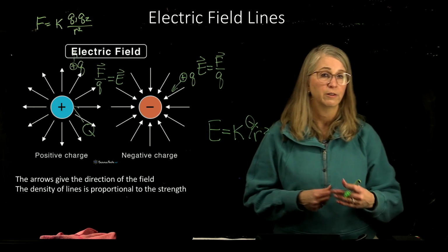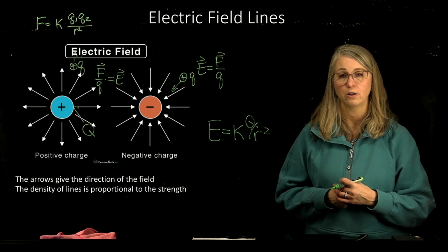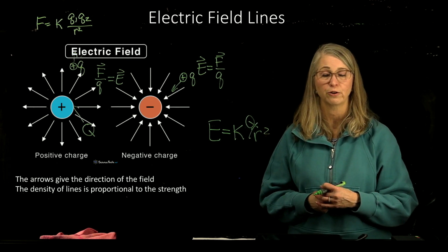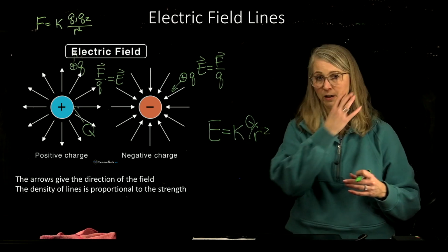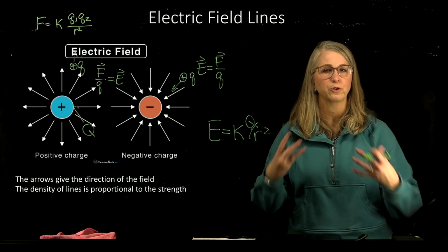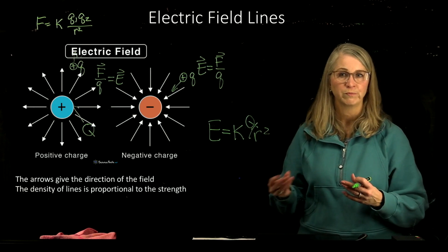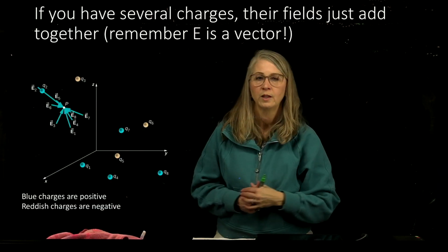And so that's another thing that those electric field lines are telling us. The density of the lines tells us the strength of the electric field. So these electric field lines, the reason that we draw them is we're trying to visualize this electric field, which, remember, it's invisible, and so it gives us a way to visualize.